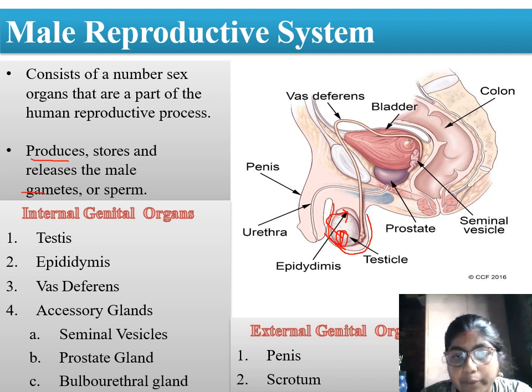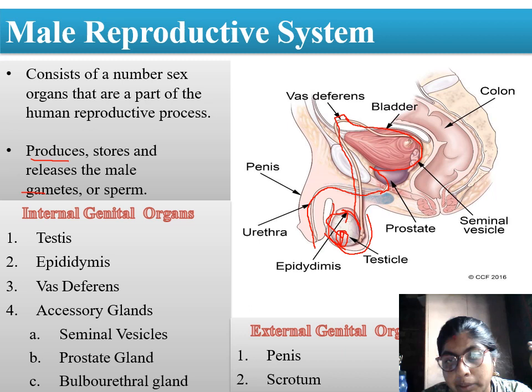And then from the epididymis, the sperm goes through the vas deferens and enters the body cavity. From the vas deferens, it goes through the seminal vesicle and the prostate gland, and beneath the prostate gland the bulbourethral gland is present. From here it is ejaculated from the male body into the female body during intercourse.